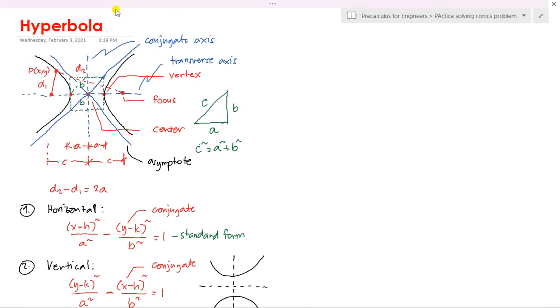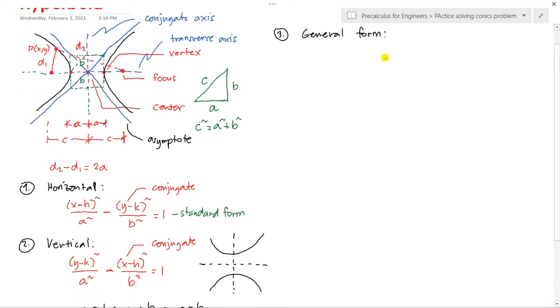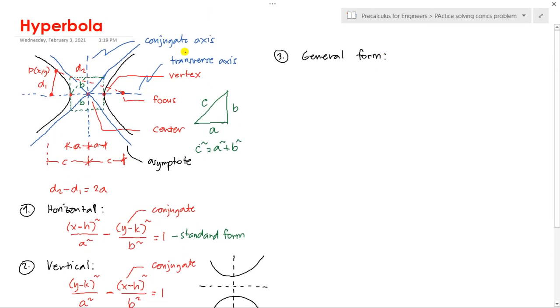Katulo, i-discuss nato ang general form sa atong hyperbola. Ang general form sa hyperbola, ingon ani siya. So from the general form sa conics, that is ax squared minus cy squared plus dx plus ey plus f is equals to 0.